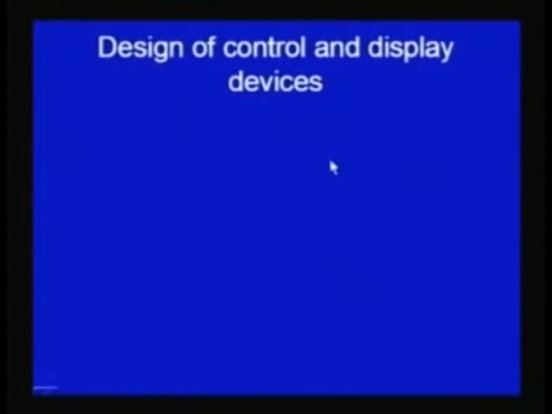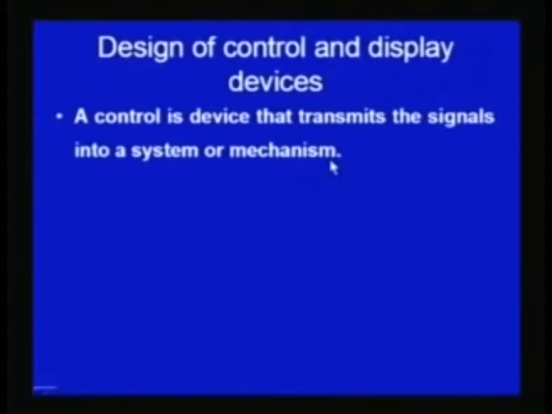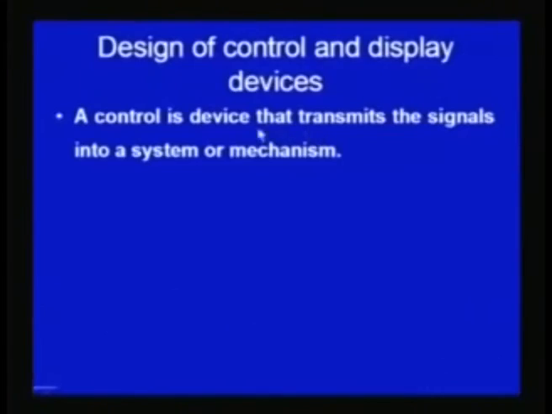So, in designing control and display devices, there are many important things which are kept in mind so that the operator can use them effectively without much error. A control device is a device that transmits a signal into a system or mechanism.